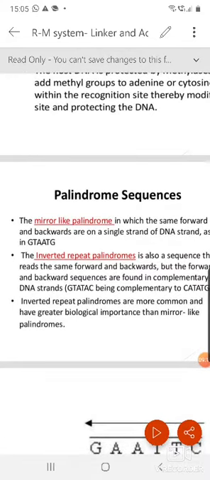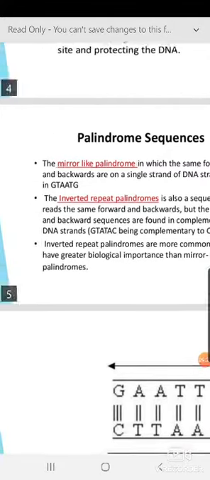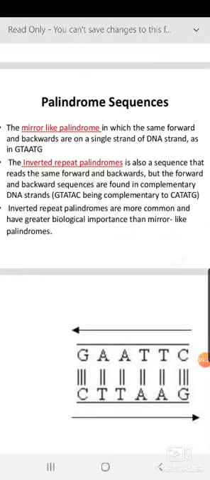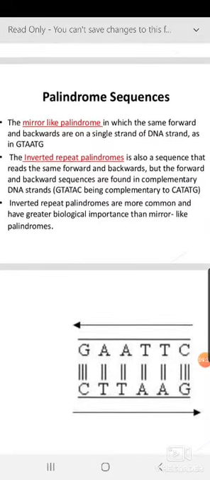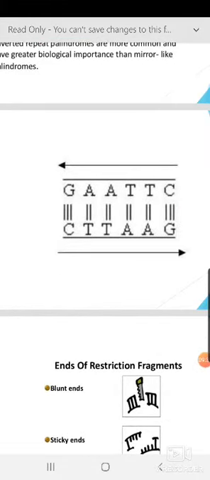Actually, a true palindrome has an axis with 2-fold rotational symmetry. Inverted repeat palindromes are more common and have greater biological importance than mirror-like palindromes. See the sequence GAATTC. If you go to the complementary sequence, from the other side, it is also GAATTC.